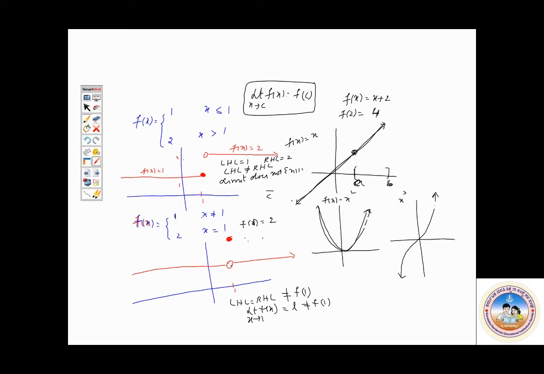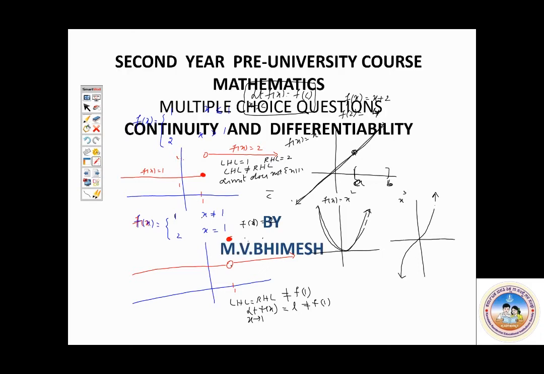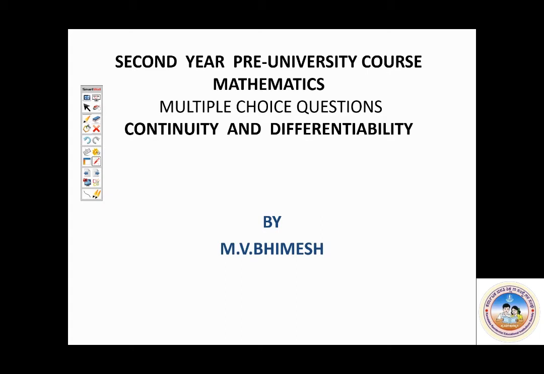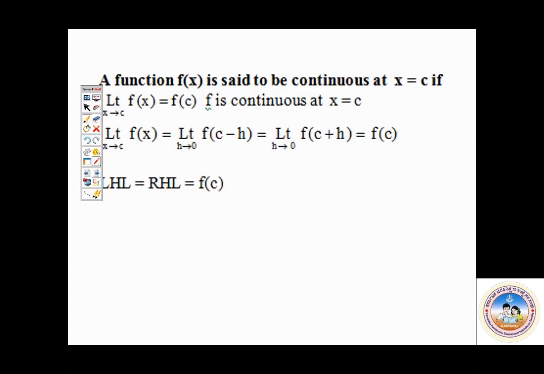A function f of x is said to be continuous at x equals c if the limit of f of x as x tends to c equals f of c. If only one function is given, use this result. When the function is given in piecewise form, that is when left hand limit and right hand limit are needed, use this result.